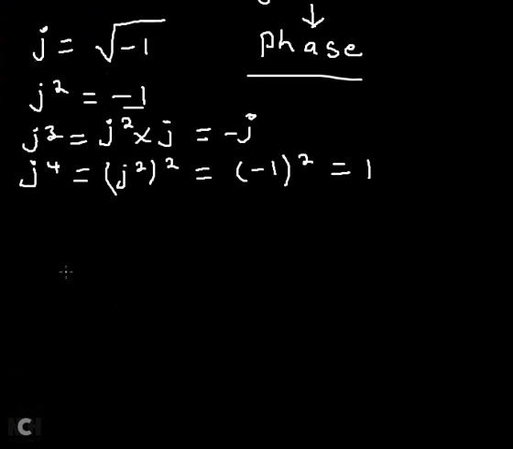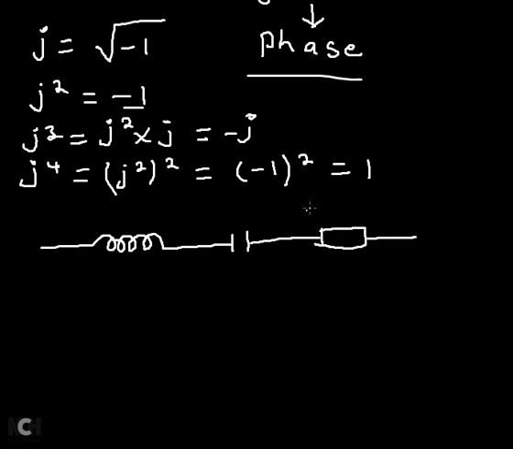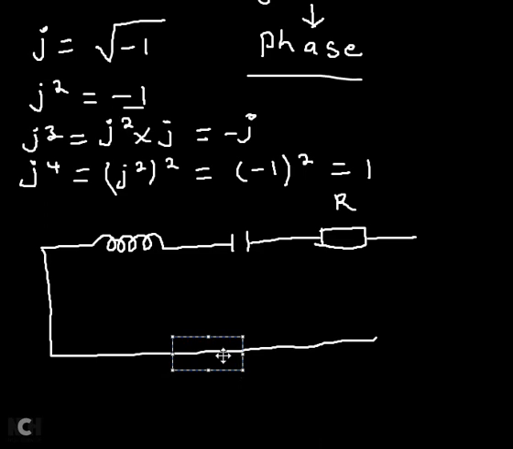For example, we know very well that in an alternating current circuit that has the inductor, the capacitor, and of course the resistor, connected in series.